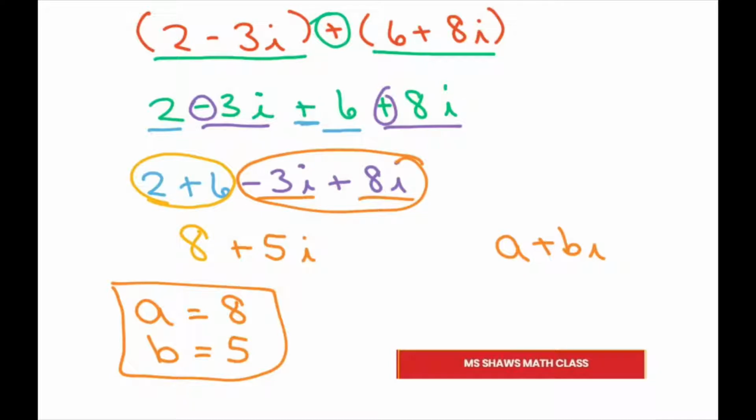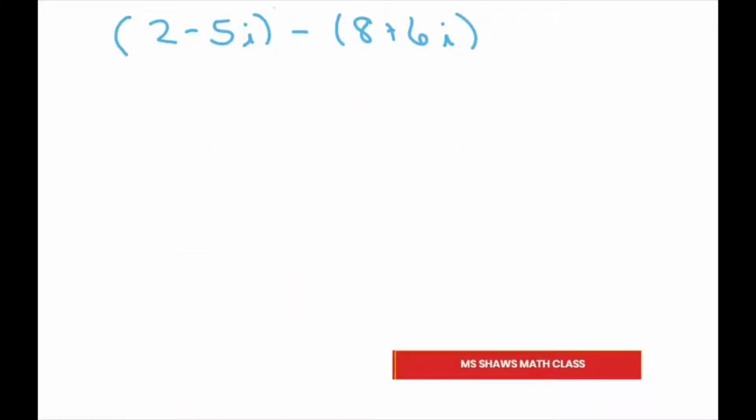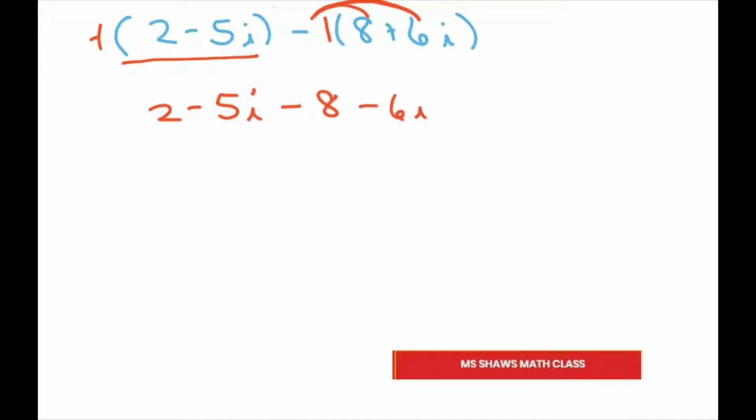All right, now let's move on. This one's the same thing, a little harder, because we have this negative. So that's like you have to multiply this portion by -1. The first part I just copied down because it had a plus there. Now, -1 times 8 is -8. -1 times 6i is -6i.